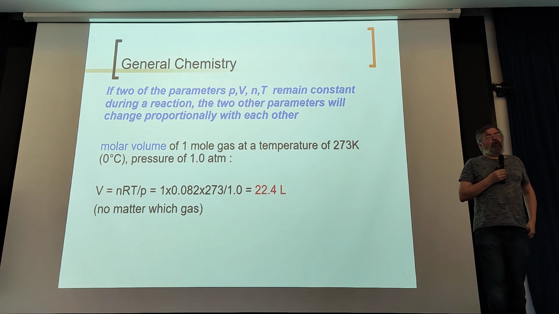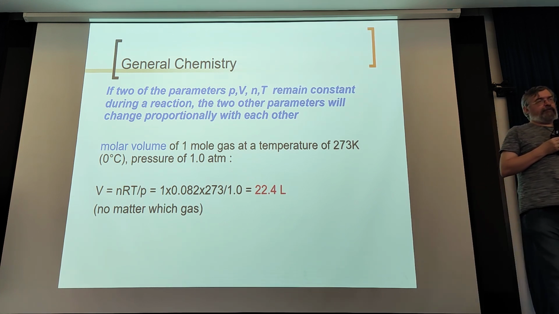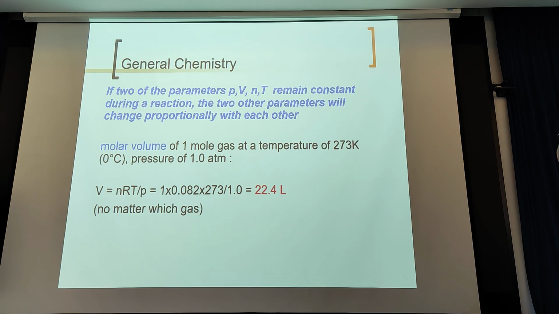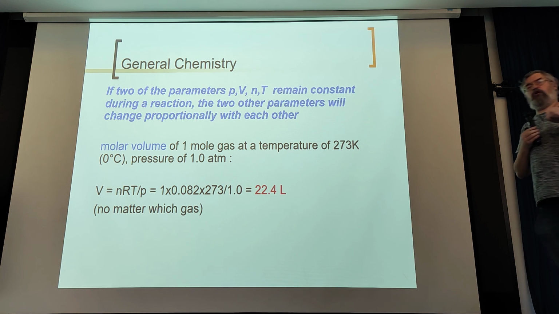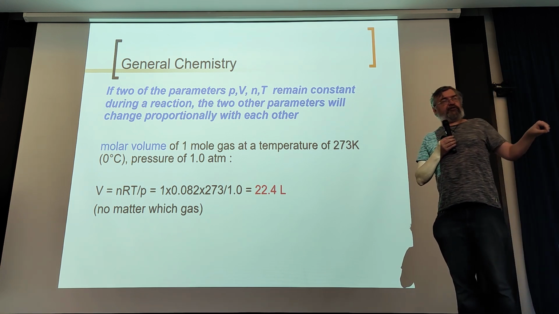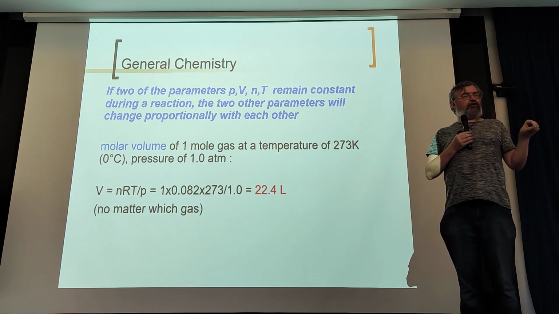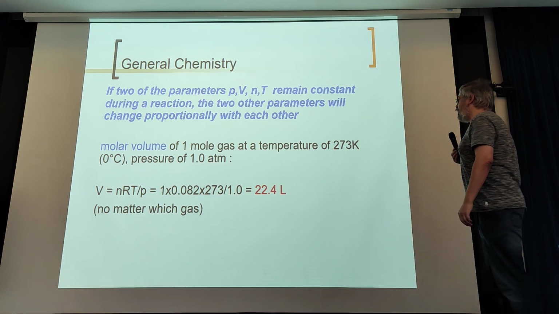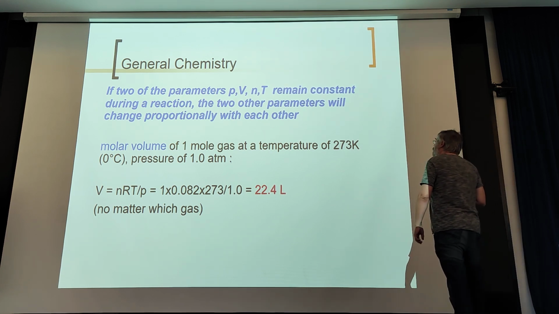Now, suppose we know only 2 parameters that are changing of the 4. Then, of course, it's not possible to calculate because we are missing data. But what we can know is that if one parameter that we don't know is changing, the other one has to change along with it, because there's going to be a linear relationship.